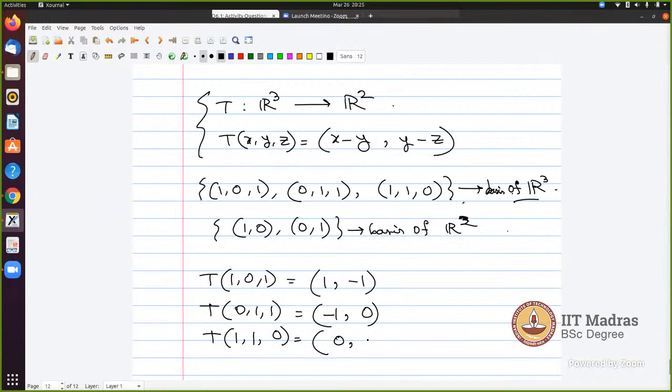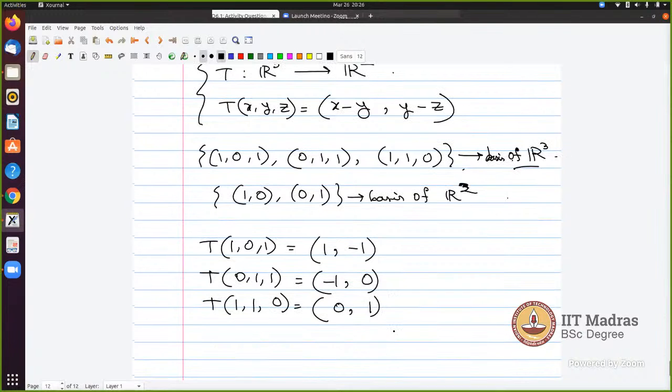This is 0, 1. This is 1, right? Yeah. So if I want to express this in terms of this, this is exactly the same thing, I will get it coordinate wise.